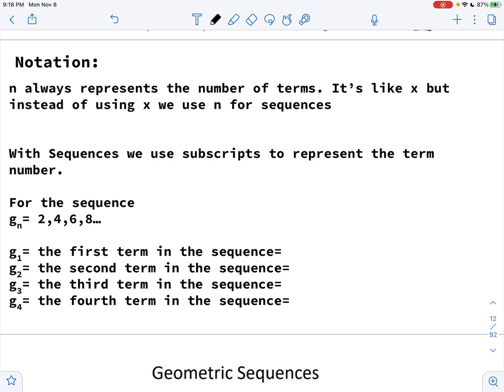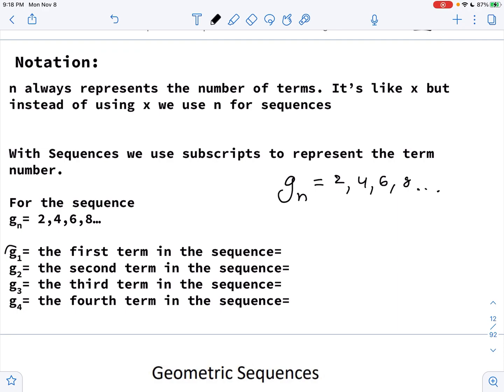Okay, so for example, g of n equals 2, 4, 6, 8. What this means is we're calling our sequence g, and this n could be the first term, it could be the second term. It just represents a sequence of any terms. And so if we wanted to find the first term, g of 1 would be the first term of the sequence that has n terms, right?